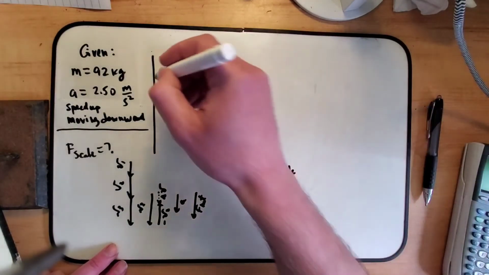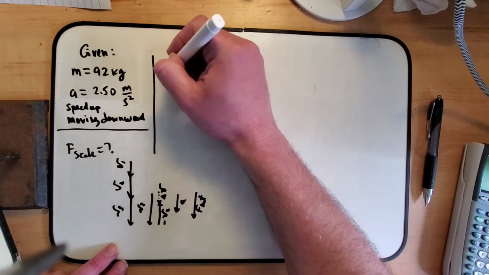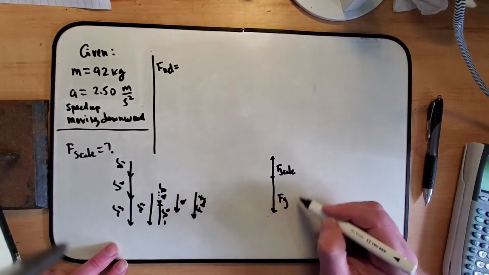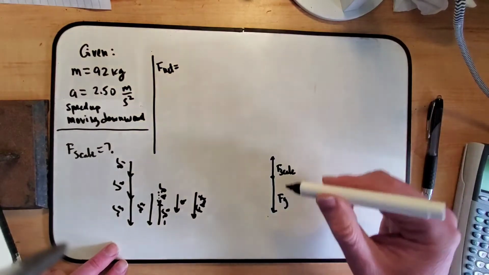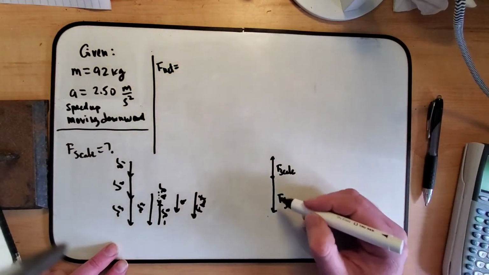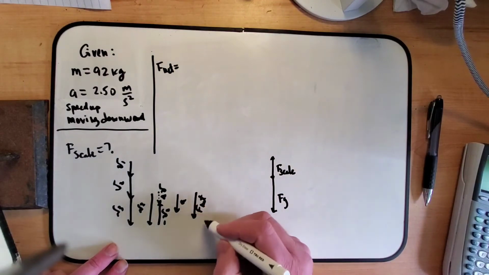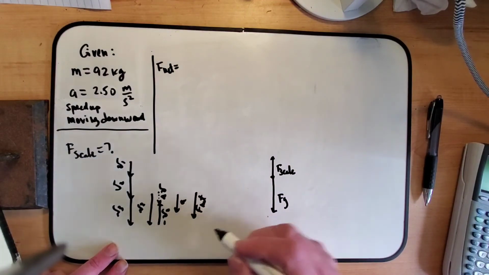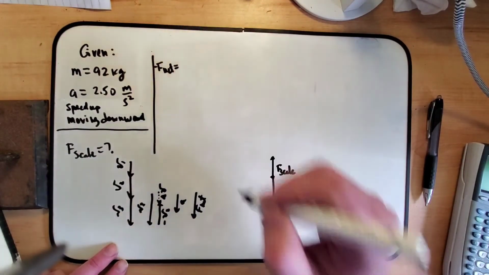Now we can say that F net, part of this force right here, is equal to, this is the positive direction. And again, because our F net is pointing to the negative Y, I'm going to put a negative in here.